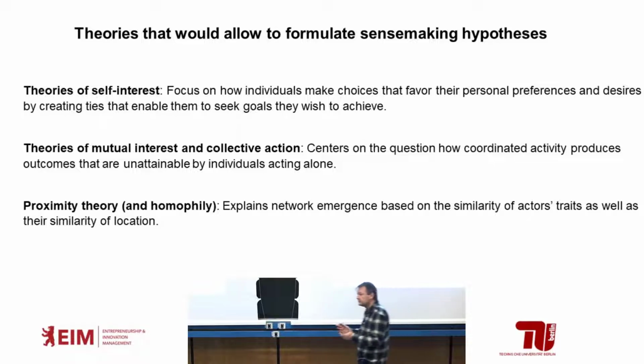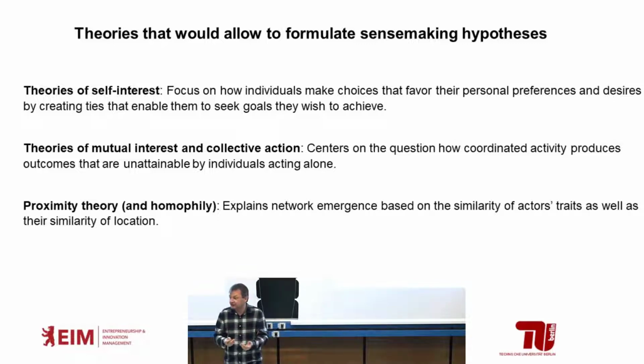When we zoom in, I think there are three theories that are quite handy in this case. First, a theory of self-interest. When I don't want to get vaccinated and I don't like all the measures, that I'm not allowed to enter a restaurant or that I have to go into home office, to make my voice loud, I group up with other people because I have a self-interest that disappears.